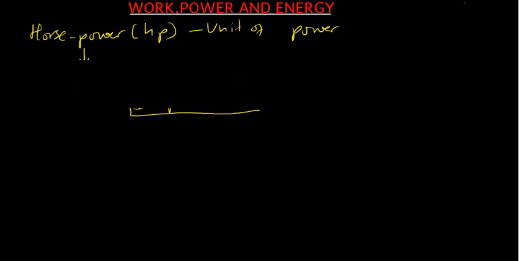Alright, let's consider another case now. After understanding what power is, let me give a very simple example of how to convert between horsepower and watts. Let's assume we have an electric motor which exerts a force of 400 newtons on a cable.